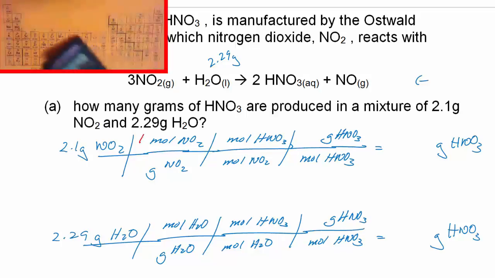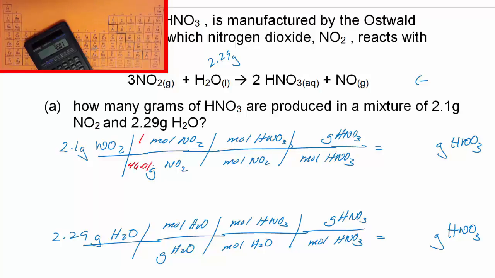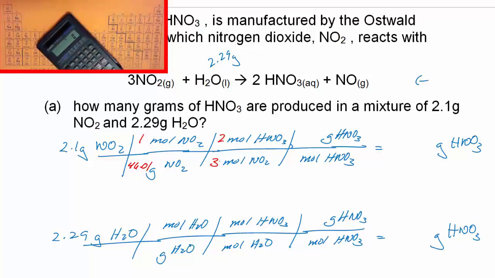So in 1 mole of nitrogen dioxide, I've got 14.01 plus 32, 46.01. And I've got 2 moles of nitric acid for every 3 moles of nitrogen dioxide. Nitric acid's molar mass, 1.01 for hydrogen, plus 14.01 for nitrogen, plus 3 times 16, about 63.02.